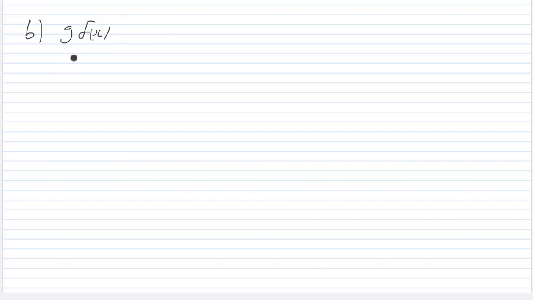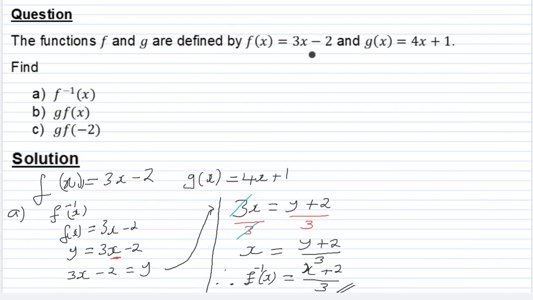So now what does this mean? This means that we have g, then we have f of x, like this. So now what do we do? Here we know what f of x is. Remember, f of x is this one here. F of x is 3x minus 2.